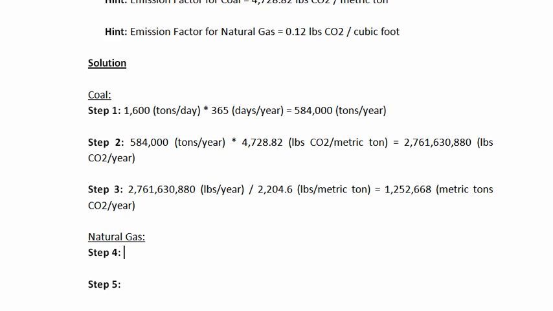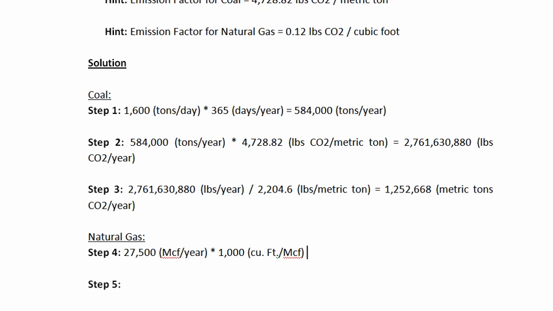And now we're going to do the same thing for natural gas, apply the same steps to natural gas. We know that this particular power plant combusted 27,500 MCF per year. And remember, MCF stands for 1,000 cubic feet of natural gas. So let's go ahead and multiply that by 1,000, which is the number of cubic feet in an MCF.